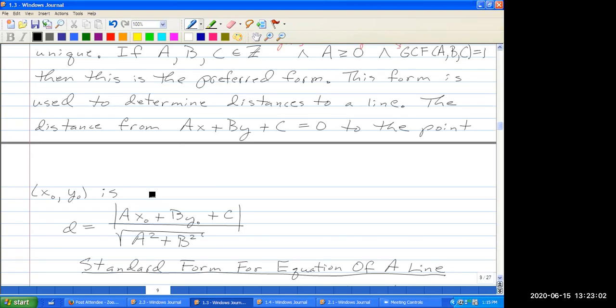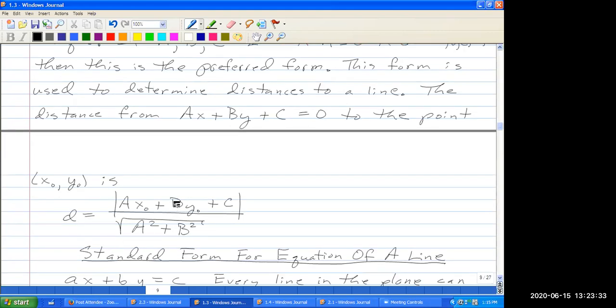So it's a x0 plus b y0 plus c. Now, it's a distance, so it has to be non-negative. So you better put an absolute value there just to be sure that you don't get a negative value. So put the absolute value over the square root of a squared plus b squared. And that's the distance from any point in the plane to a line in the same plane.